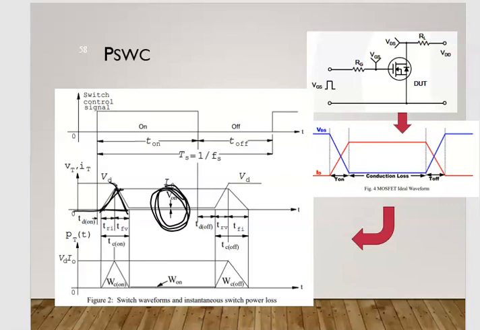So this area will be your losses during switching, which is P loss equal to V times I times the area below this part divided by 2, and the length here divided by 2.